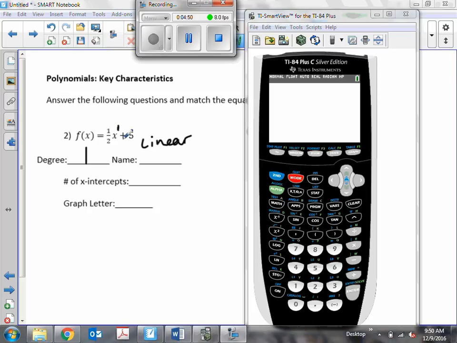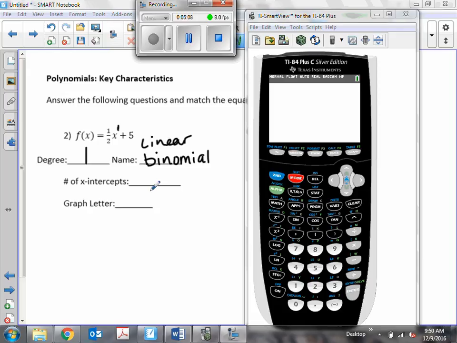So since it has 1 term here and 2 terms here, 2 terms is called a binomial. So we would call this polynomial right here a linear binomial.